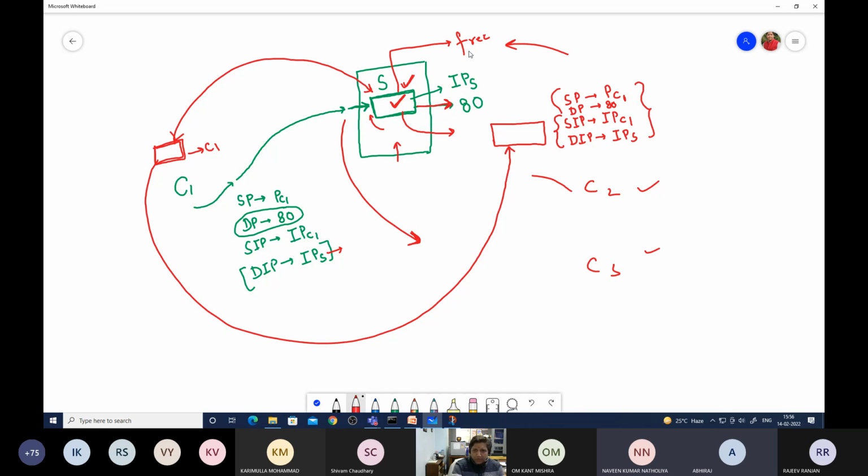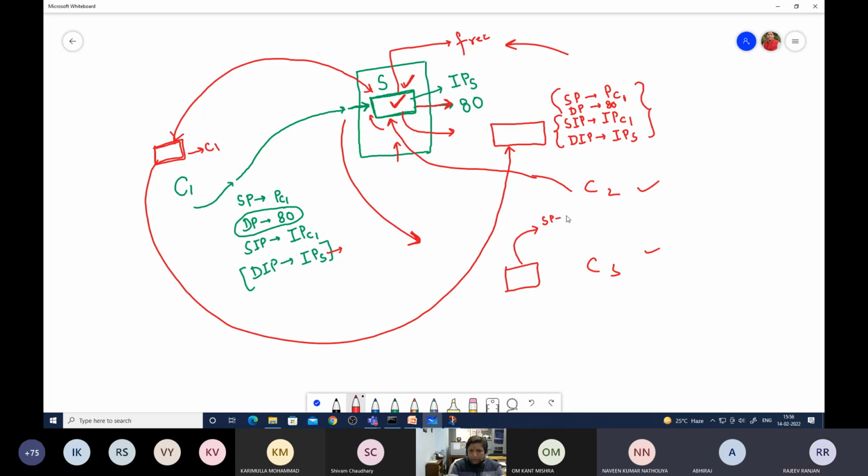Now suppose C2 wants to connect. C2 will send a request to this green socket again. A new socket will be created. And what is the identifier of this new socket?